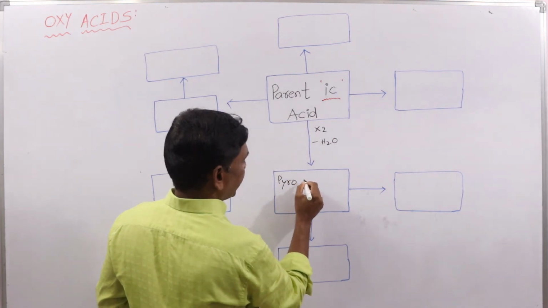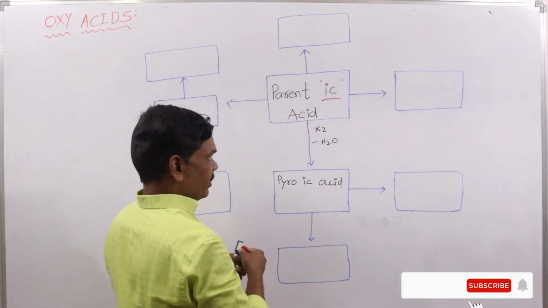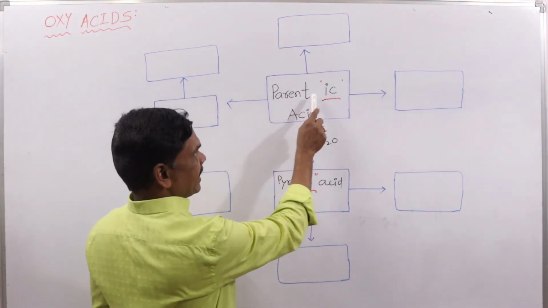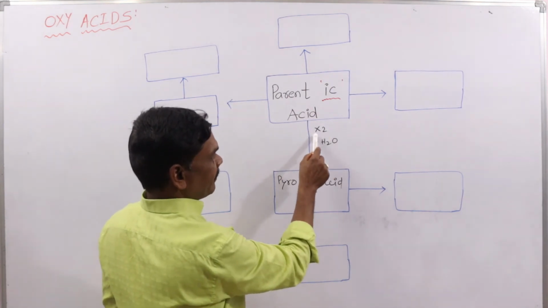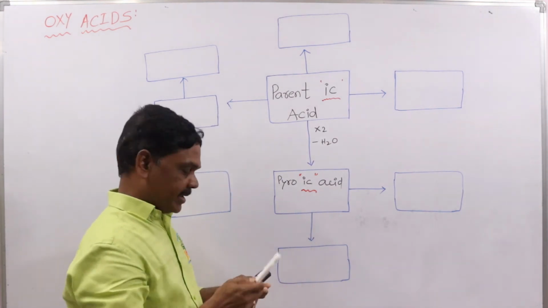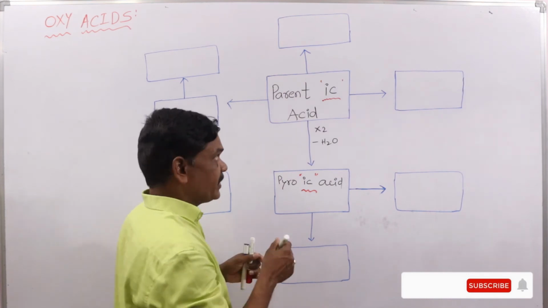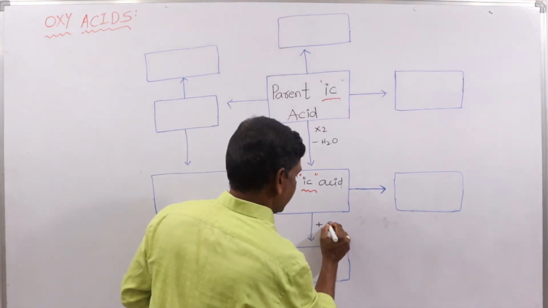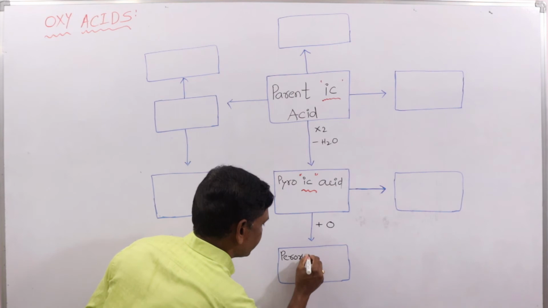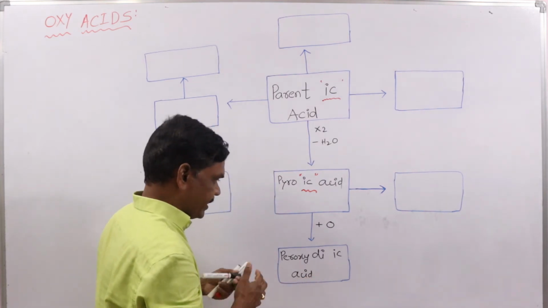This is the -ic form, remember. From the parent -ic acid, multiplied by 2 and followed by removal of one water molecule, we are getting pyro -ic acid. For pyro -ic acid, with addition of one oxygen, we are getting peroxydi -ic acid.